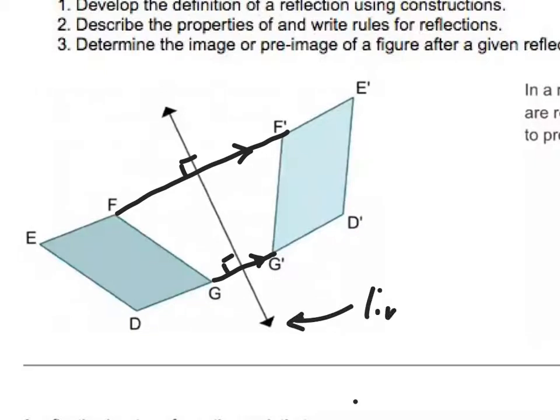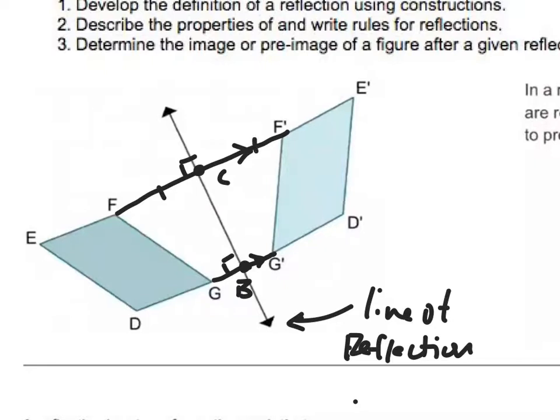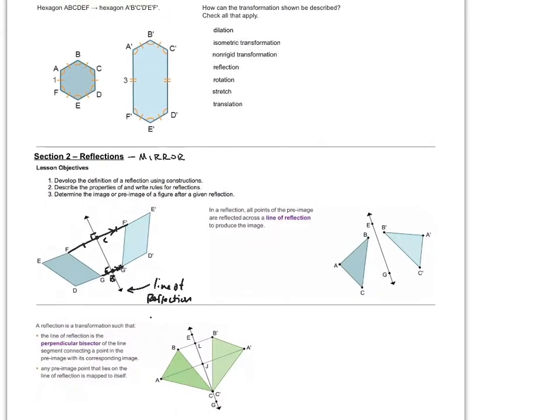So this is the line of reflection. The other thing that I know is that, if we call this point B and point C, FC is going to be congruent to F prime C. Same thing with GB and G prime B. So they're equidistant to each other over that line of reflection.